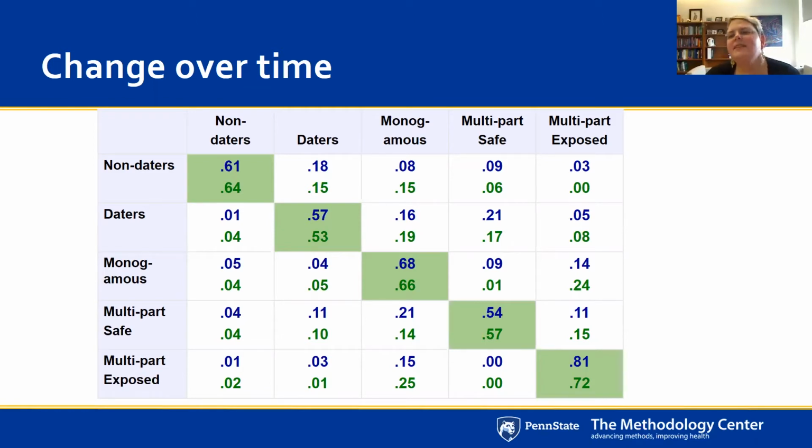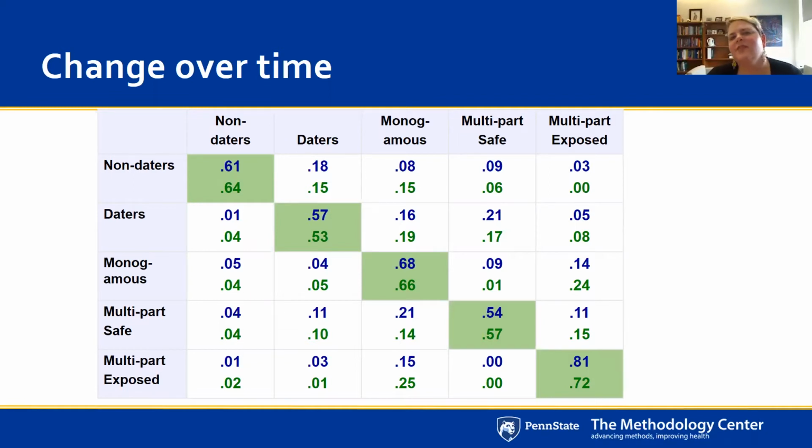And so what we see is that there is a relatively high amount of stability, but people are transitioning over time. So let's start with the non-daters up in the upper left-hand corner. What we see is that among people who report being non-daters at time 1, about 61% of them report being non-daters also at time 2.